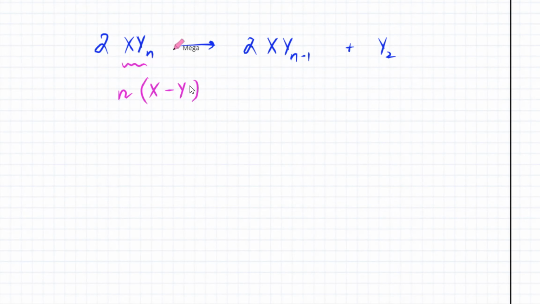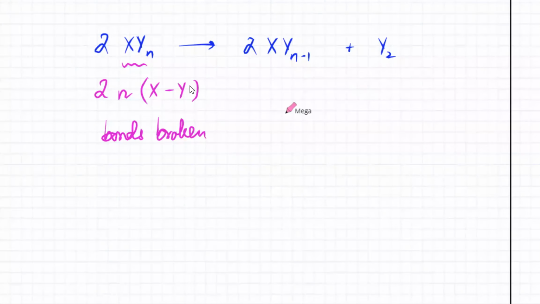Like PCl5, you're breaking 5 PCl bonds. And there are 2 molecules, so that would be multiplied by 2. So these are the bonds that are broken. Is this clear? Yes.